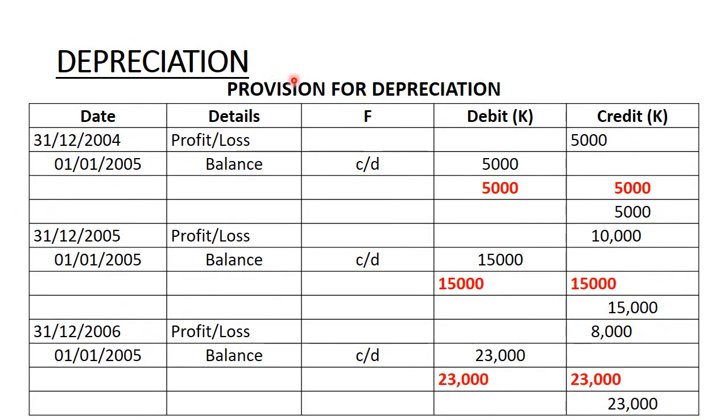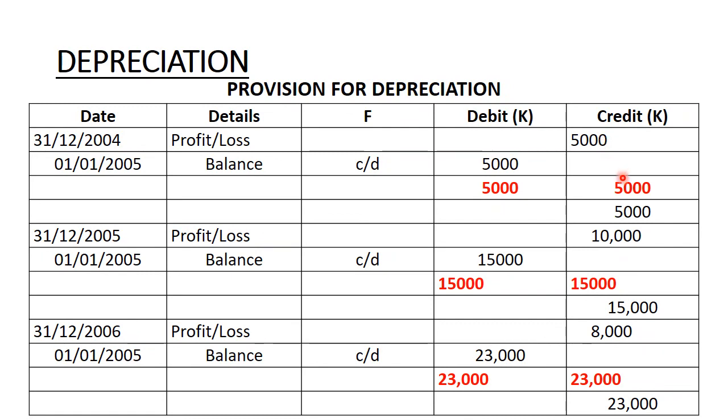So the provision for depreciation account is going to be like this. At the end of 2004, there was depreciation from the first vehicle, which was 5,000. Remember, the first vehicle was 25,000 and the depreciation was at 20%. 20% times 25,000 is just 5,000.